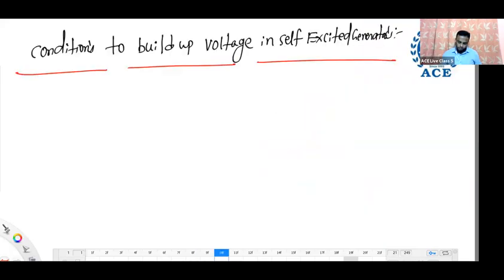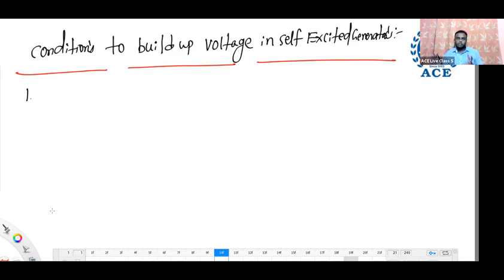Okay, next. Let's see. Write the condition first. The first and most important condition to build up voltage in self-excited generators is residual flux or residual magnetism. In these generators, whatever poles we are using, the poles should have the property of retentivity.